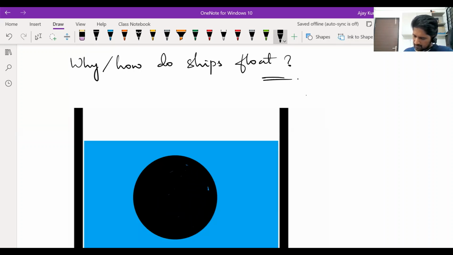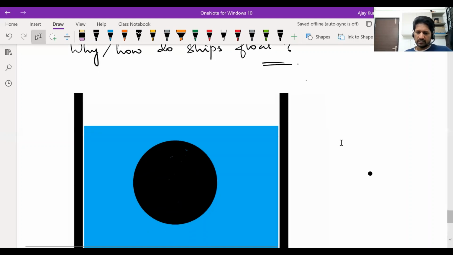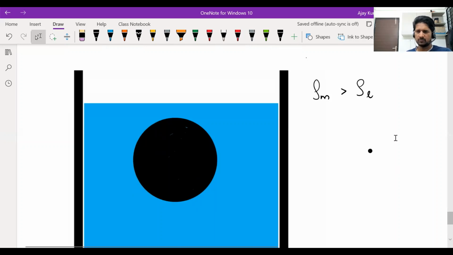Now, there will be two forces acting on it, weight and buoyant force. Assume the density of the metal is greater than the density of the liquid. Therefore, because the density of metal is more than the density of liquid, definitely weight will dominate the buoyant force.